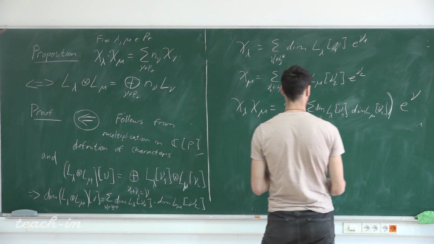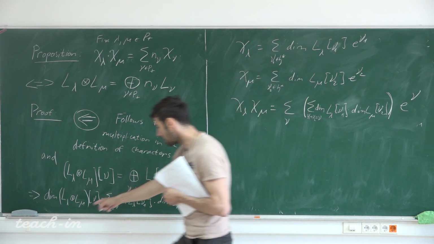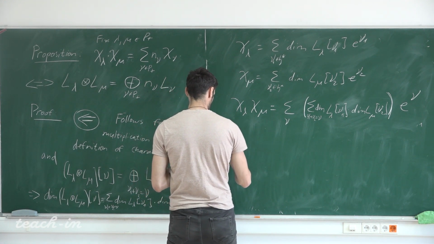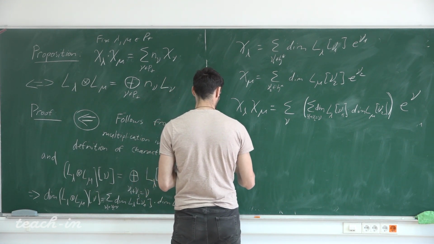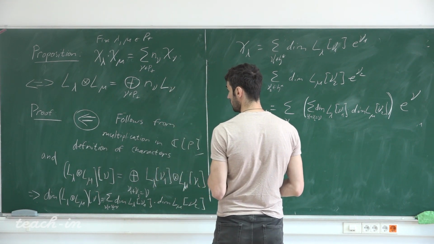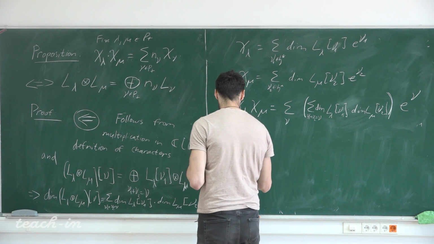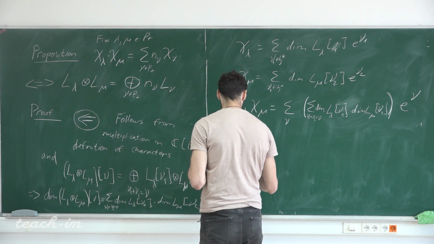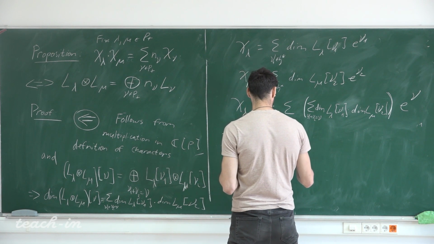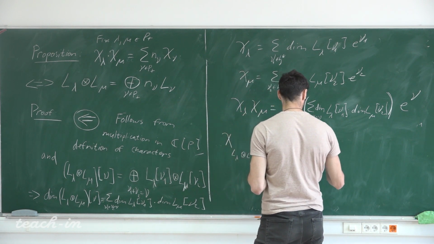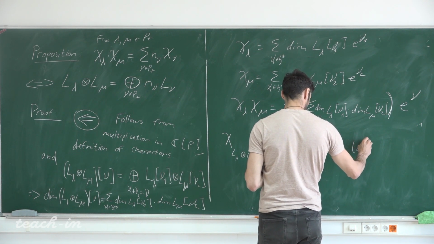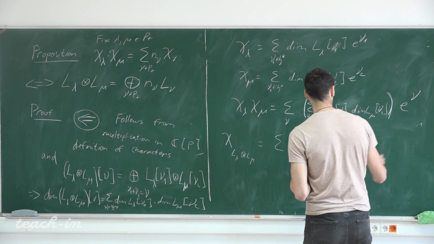But these are coefficients, so we can write the character of L lambda tensor L mu as the sum of dimension of the nu weight space of L lambda tensor L mu times e to the nu.